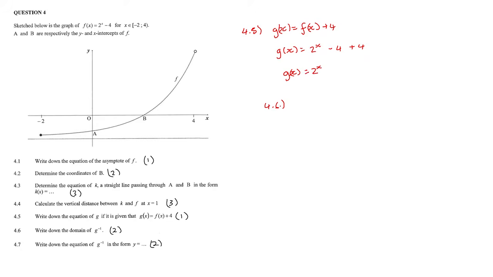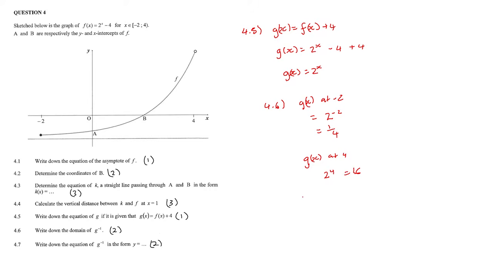Question 4.6. Write down the domain of the inverse of g. So the domain of the inverse of g would be the range of g, the normal function. The range of g in this interval: g(x) at -2 would be equal to 2^-2, which is equal to 1/4, and g(x) at 4 would be equal to 2^4, which is equal to 16.